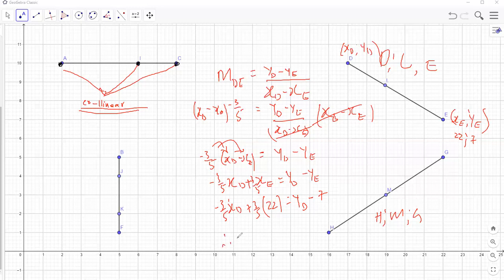So, of course, you can figure this out now. y_D is equal to, all right, this thing here is minus 3 over 5 x_D, okay? And then this thing here, 3 times 22 is 66. So that's 66 over 5. Sorry for using that big number, okay? And because I'm going to take 7 to the other side, I'm going to add a 7 there, okay?